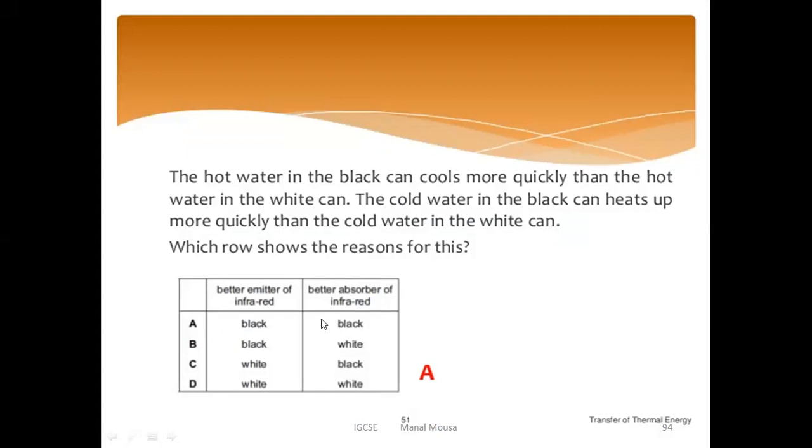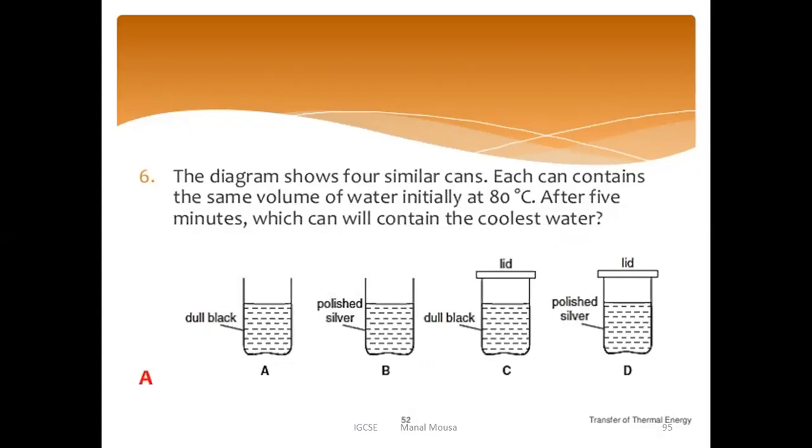A, black, black. B, black, white. C, white, black. And D, white, white. So as we discussed before, the better emitter and absorber is the black one, so the answer will be A.